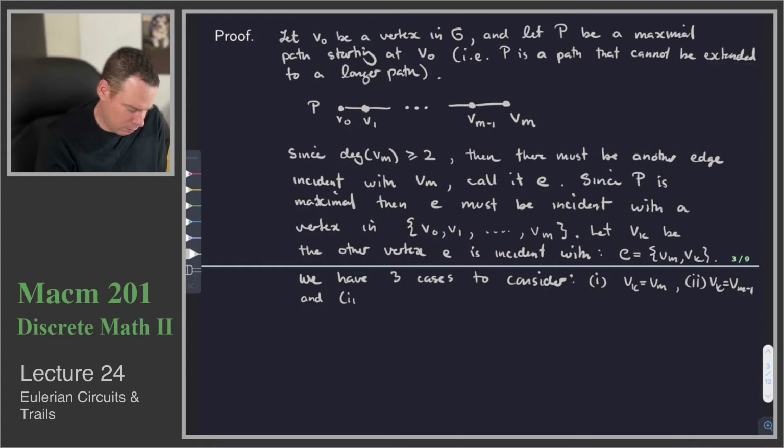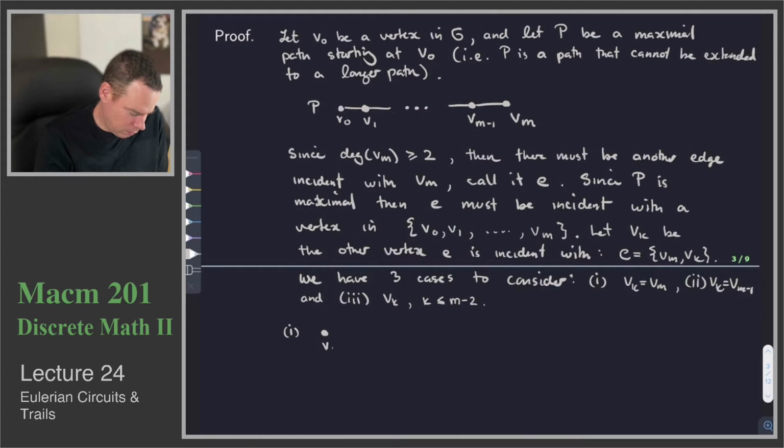And the third case is Vk has k less than or equal to m minus 2. That's just a way of saying, hey, Vk is not Vm, it's not Vm minus 1, it's something prior to those two. So let's draw these cases.